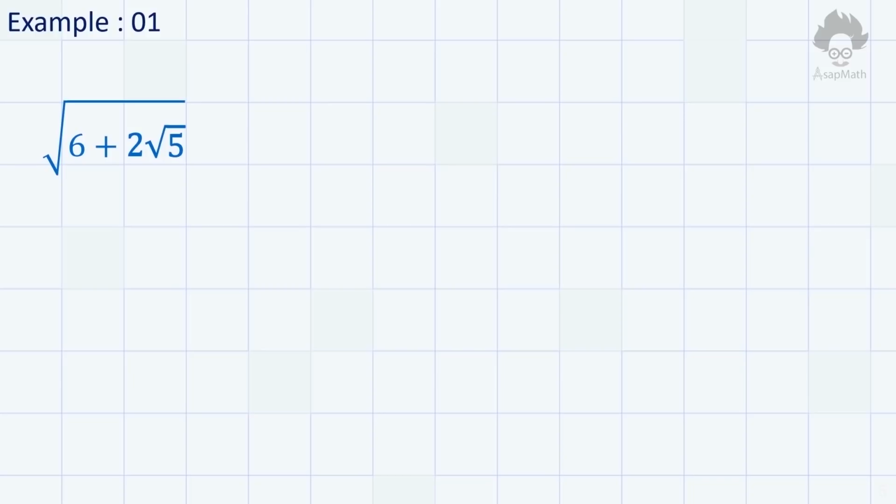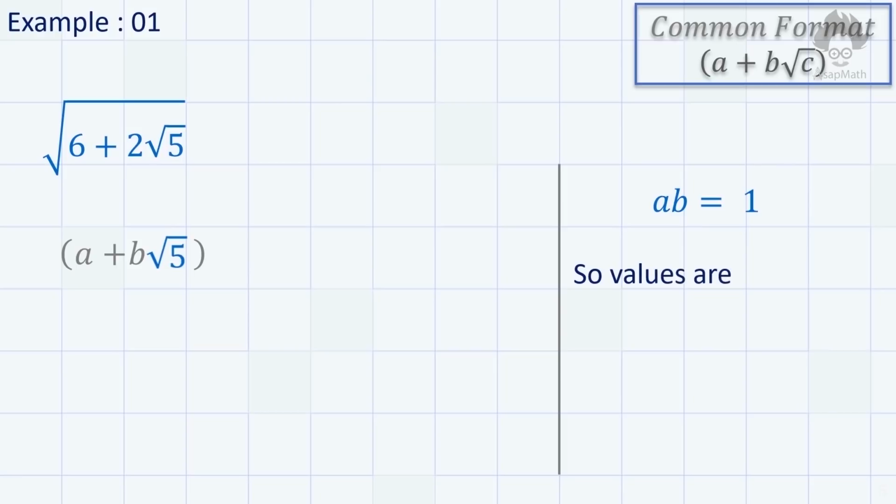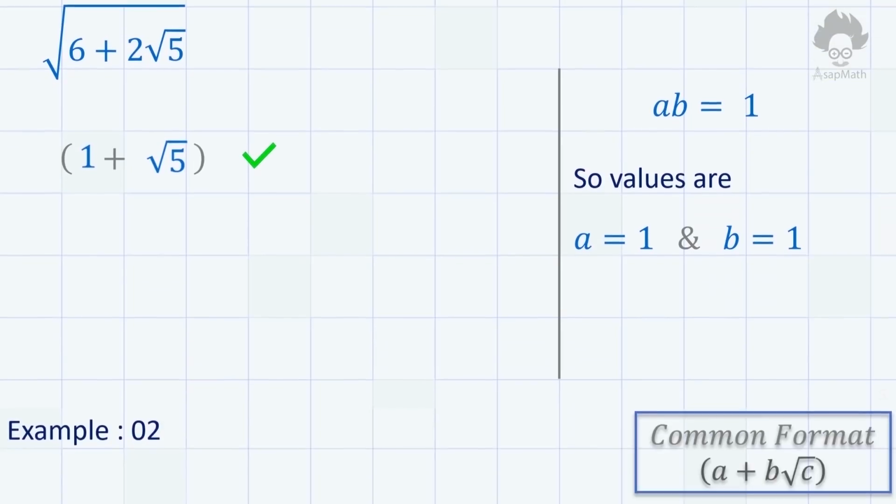Common format of answer is provided at the right top corner. The answer is straightforward for this example.